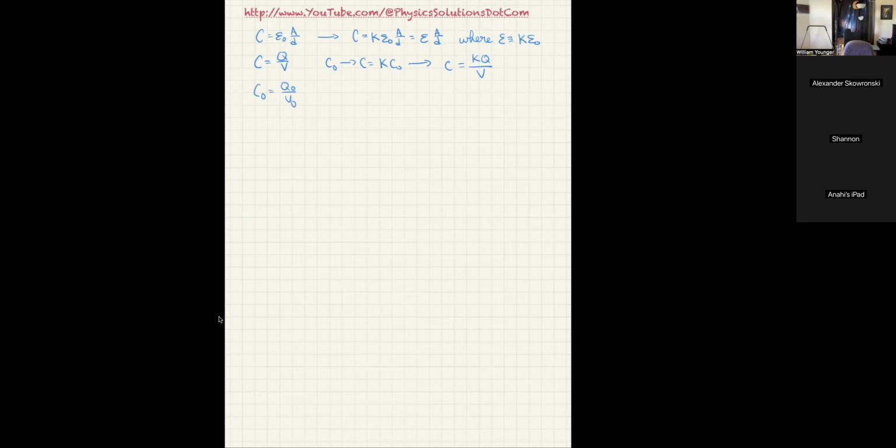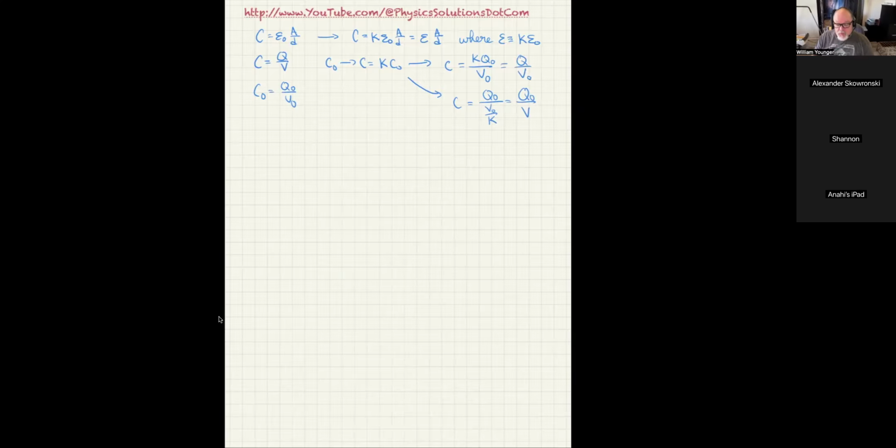And then you can make a little more sense of it by saying that C is equal to K times Q0 over V0. But another option is C is equal to Q0 over V0 over K, in which case that again becomes Q0 over V, just like this one became Q over V0.